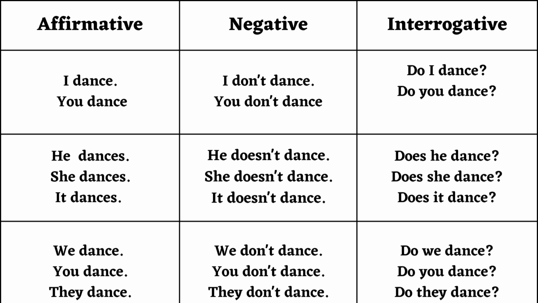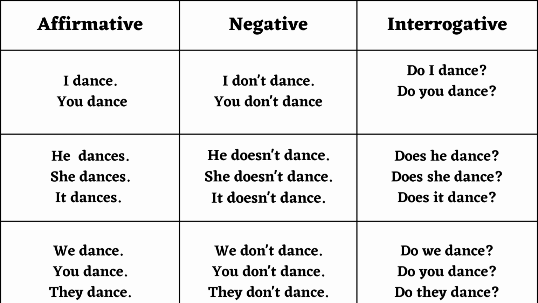In the third category, we have we dance, you dance, and they dance. That is the third person. We don't dance. You don't dance. They don't dance. In the interrogative, we say do we dance, not doesn't we dance. It's do we dance? Do you dance?